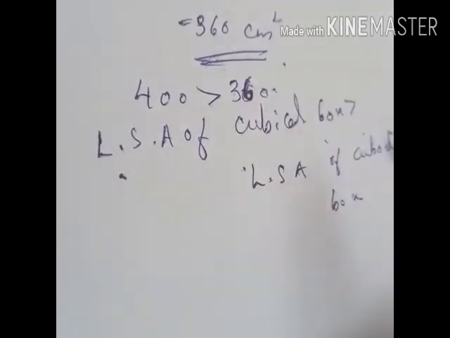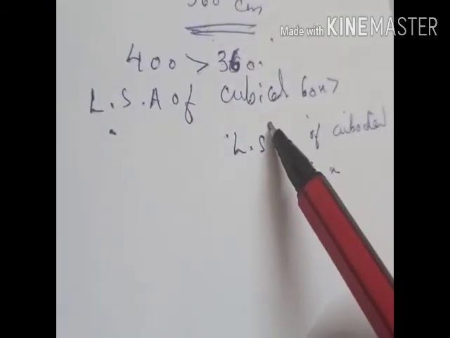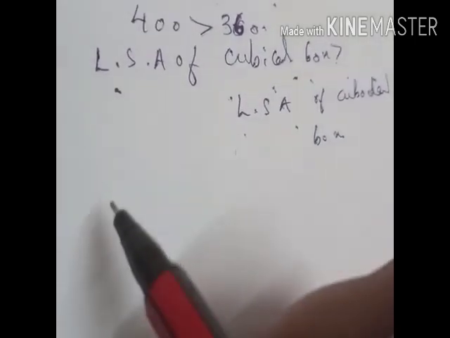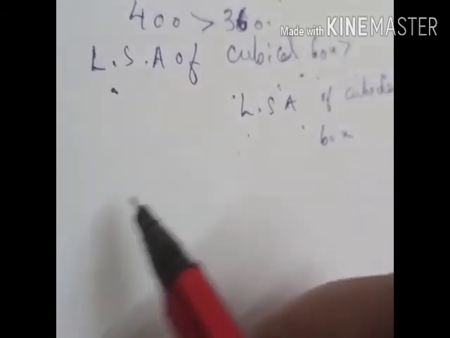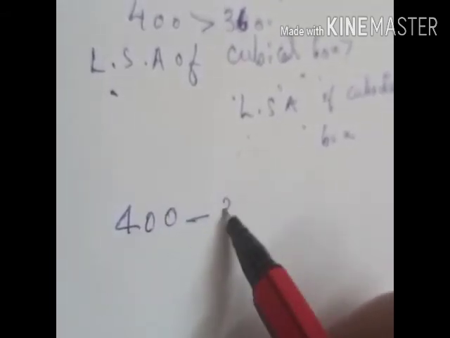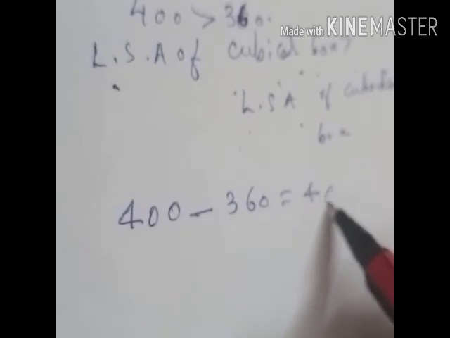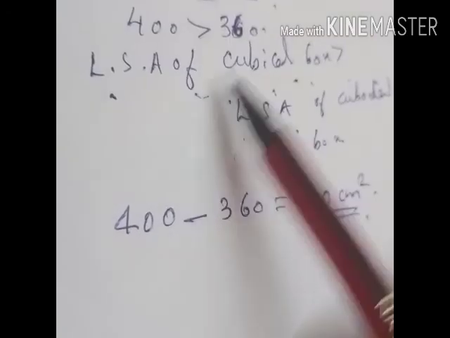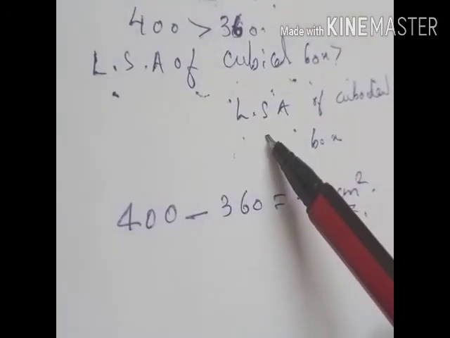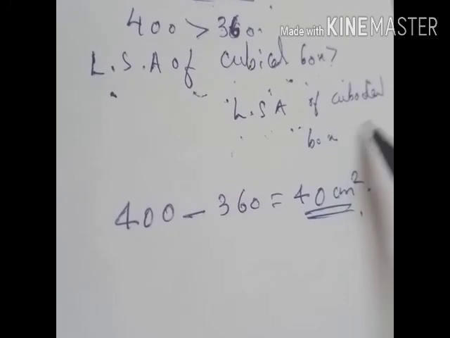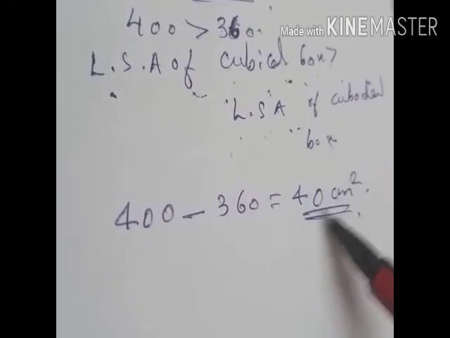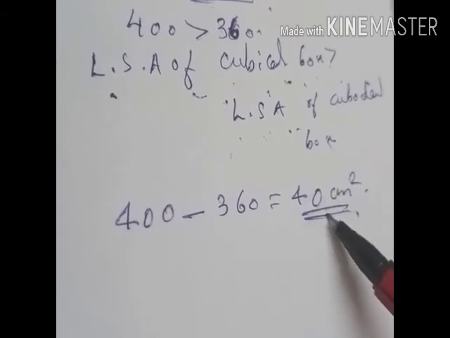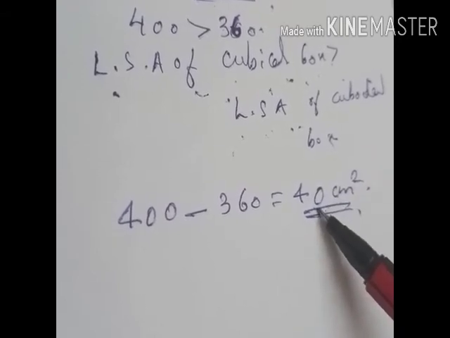Then there is the question, by how much? So we have to subtract: 400 minus 360 equals 40 centimeter square. So we can say that LSA of the cubical box is greater than LSA of the cuboidal box by 40 centimeter square. So the first sub question is over.